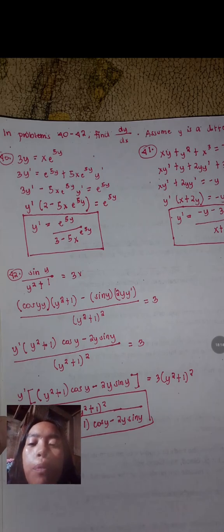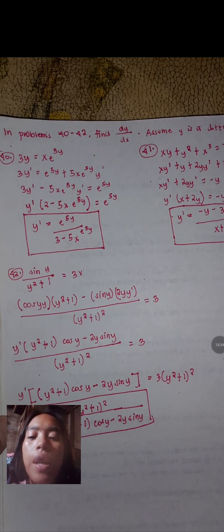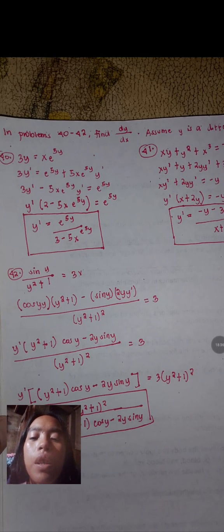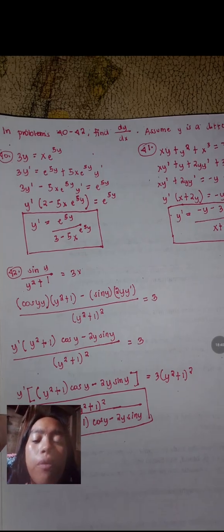So 3y prime minus 5x e raised to 5y y prime is equal to e^5y. So y prime times the quantity of 3 minus 5x e raised to 5y is equal to e^5y. That's why our y prime is equal to e^5y over 3 minus 5x e raised to 5y.